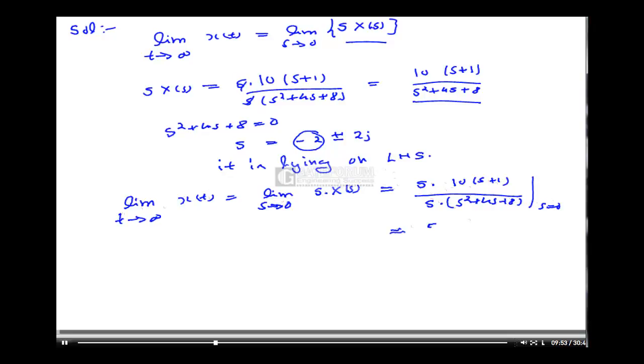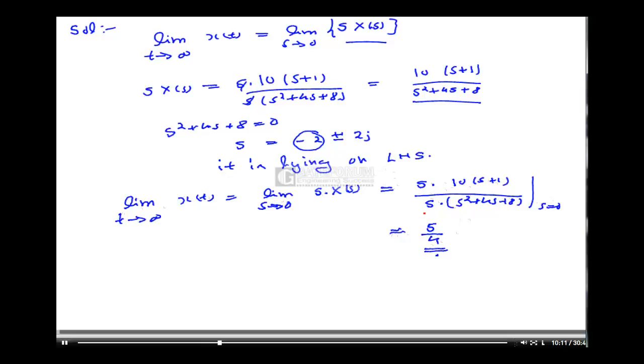This is 5 by 4. So this is the final value of x(t), or my x(t) will become stable at this particular value. Okay, so these are a few problems from the topic Laplace transform.